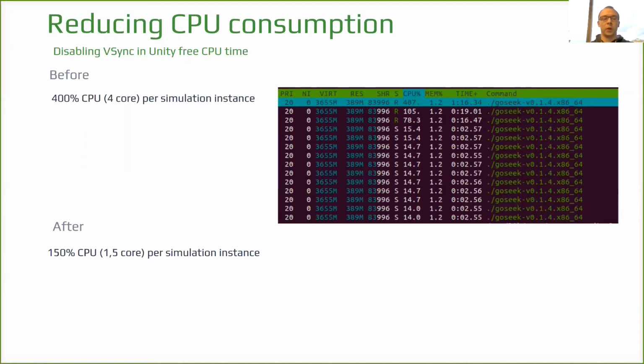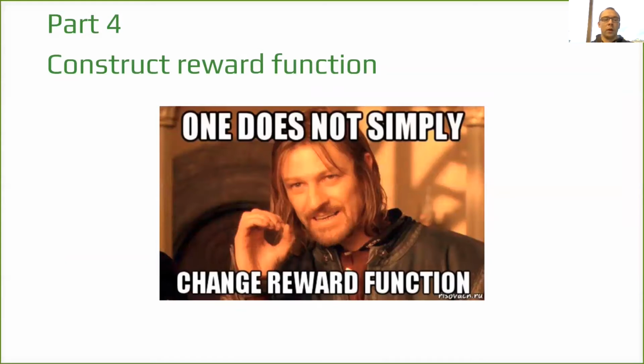Also, you need to add a capture rate parameter when we are launching the simulator in TESIGym. We determined that 60 frames per second is enough for us. At 60 frames per second, CPU consumption per instance decreased to 150%. Now, we had maximum performance on our hardware.